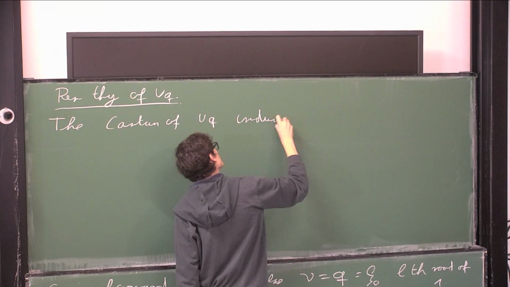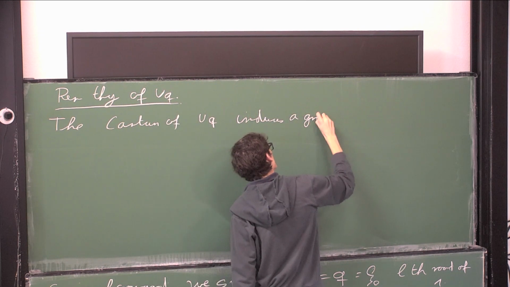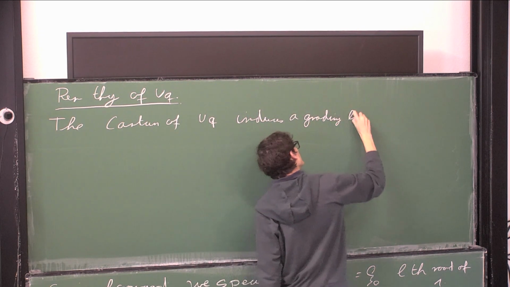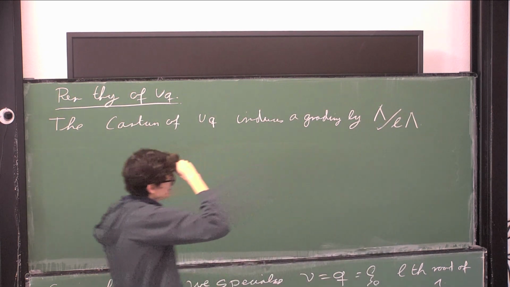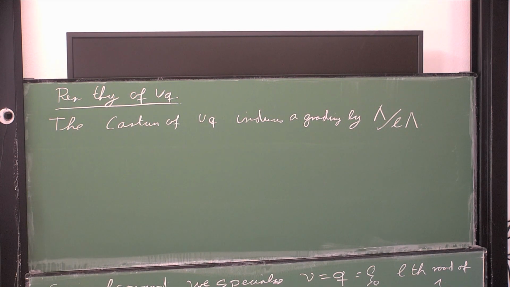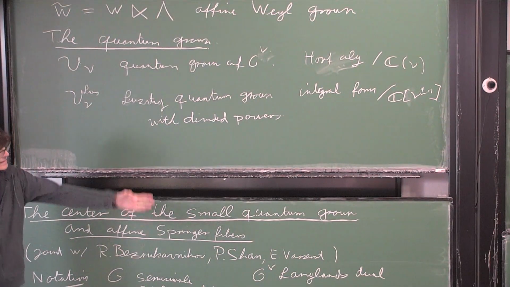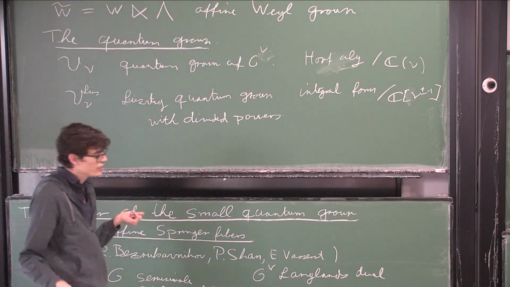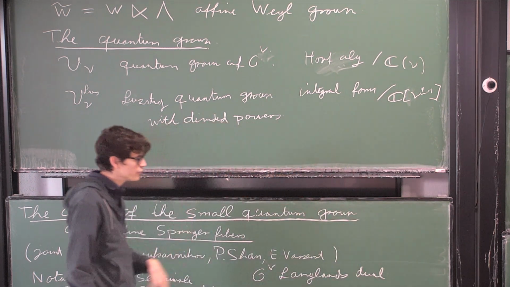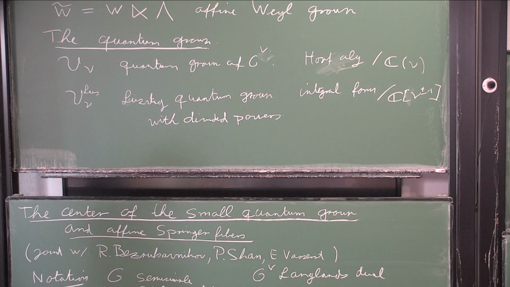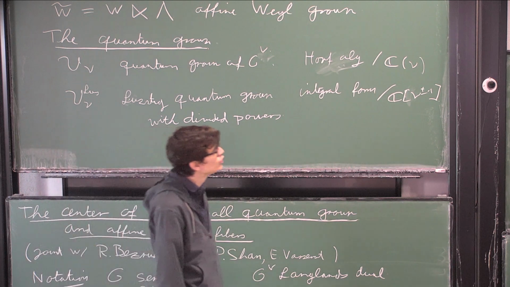induces a grading, but not by weights, but by weights modulo L times weights. Because we're specializing at an L-th root of unity, this Cartan can't distinguish between the trivial power of q and L times the trivial power, an L-th power of q.